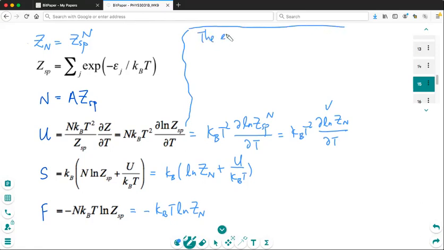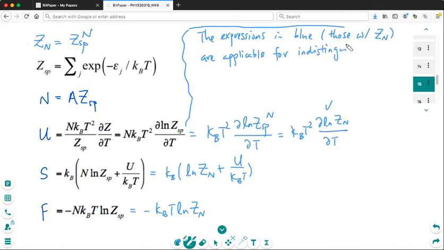So the expression in blue color, that is the one, those with this, are applicable for indistinguishable particles.